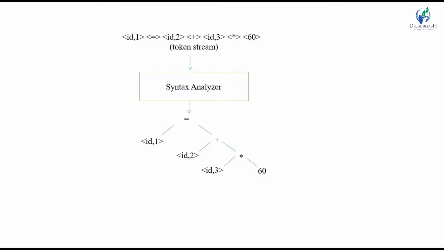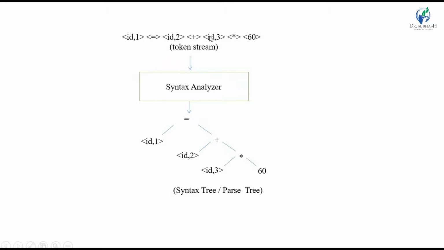So now you can see the generation of the syntax tree or parse tree from the given token stream, which is generated by the lexical analyzer. The lexical analyzer generates the token stream, which is passed to the syntax analyzer, and the syntax analyzer generates the syntax tree according to the token stream.